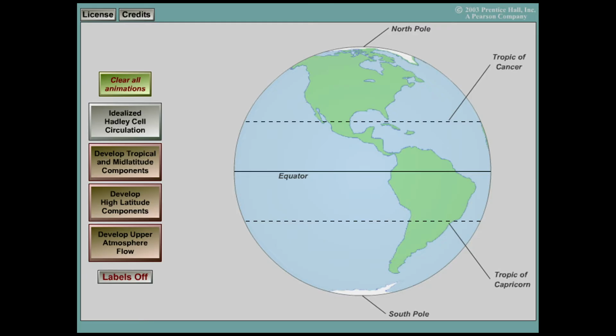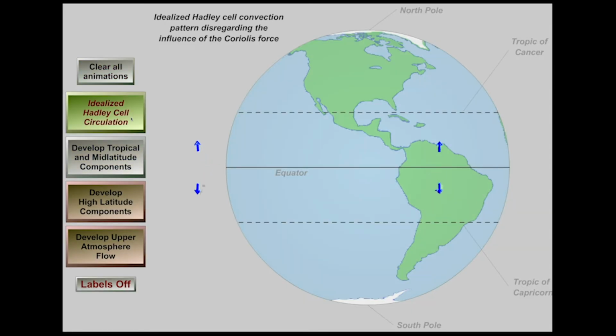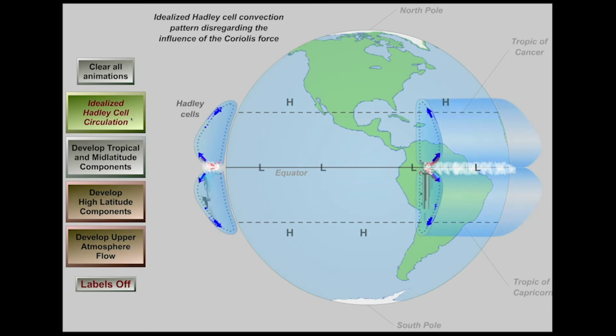Now here's one of the coolest diagrams, one of the coolest animations we'll see. Let's take a look at wind. When we add Hadley cell circulation, what you'll see is the air converging near the equator and then rising. This air is rising because it contains significant moisture.